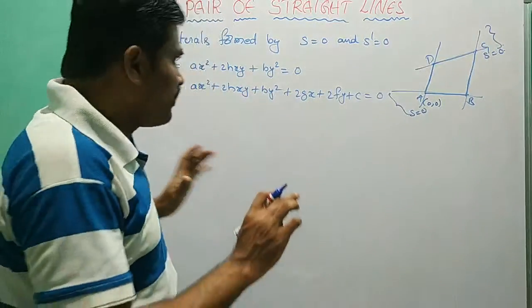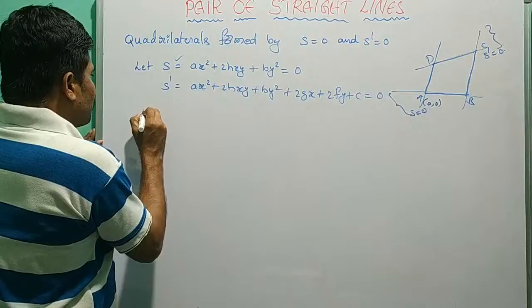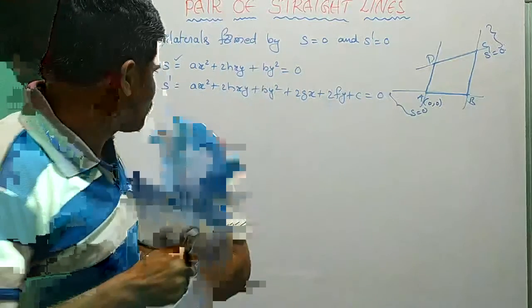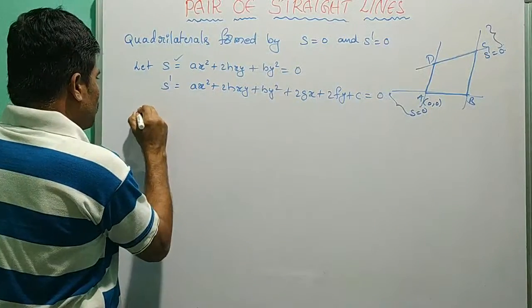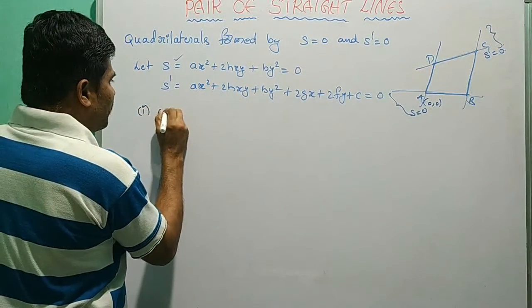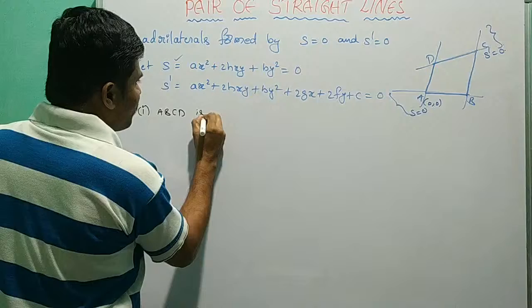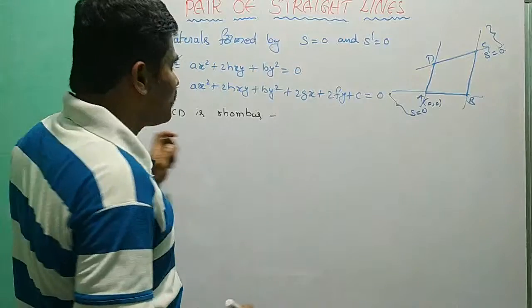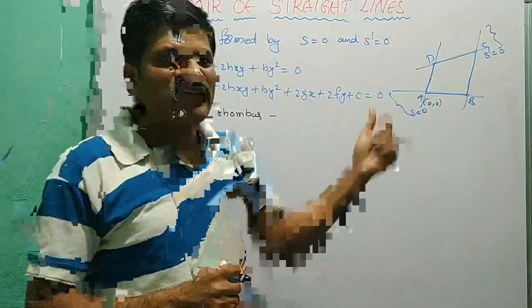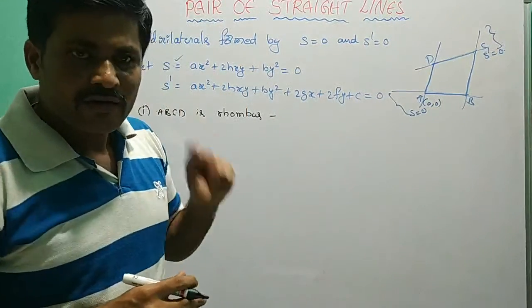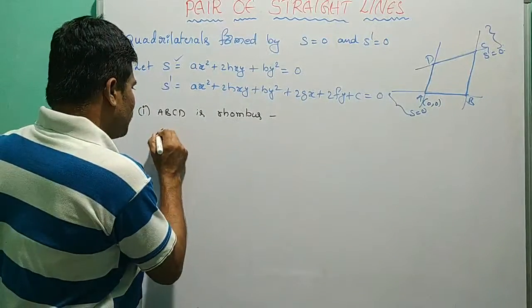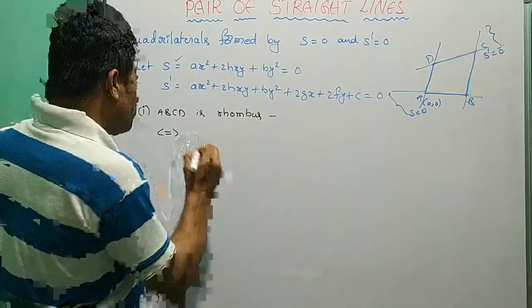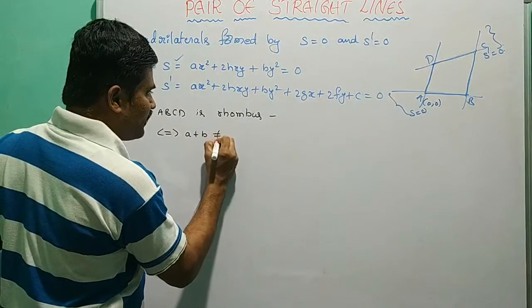Now, when the quadrilateral is a rhombus, here is the first condition for the quadrilateral ABCD formed by the two pairs: a plus b is not 0. That is the first condition.